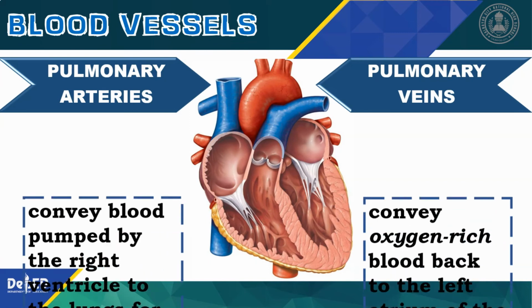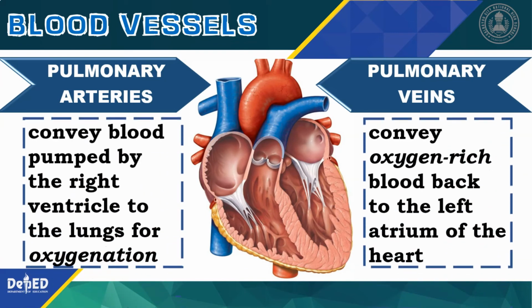The pulmonary arteries convey blood pumped by the right ventricle to the lungs for oxygenation. It branches into two, connecting to each of the lungs. The pulmonary veins convey oxygen-rich blood back to the left atrium of the heart.